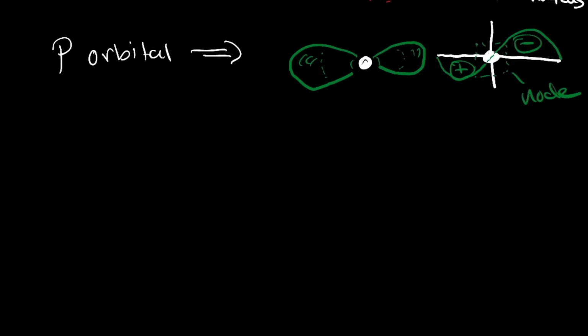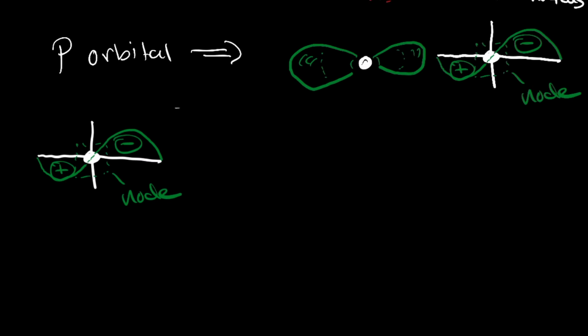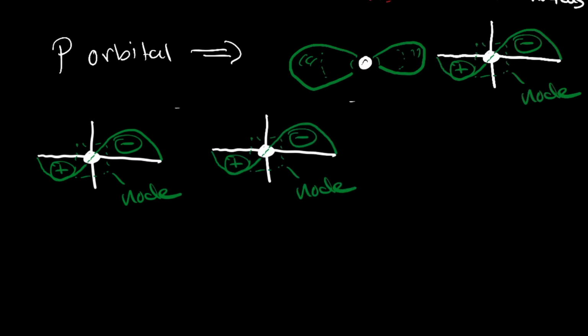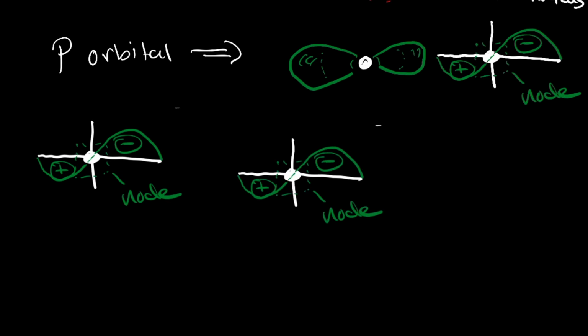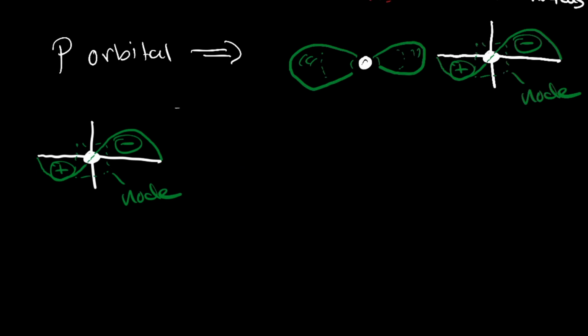So if I were to take two p orbitals, and I definitely know I can copy this. Copy, and then I go paste. If I were to take this one, all right, and rotate that around. Let's not do that. And draw a second one.